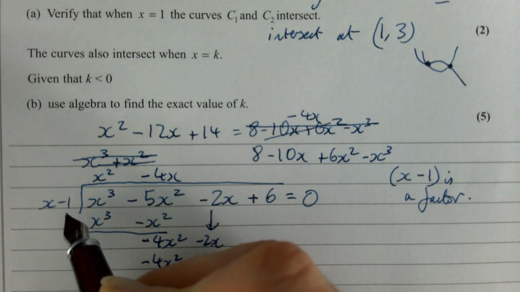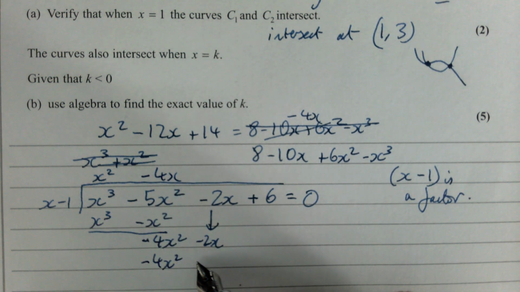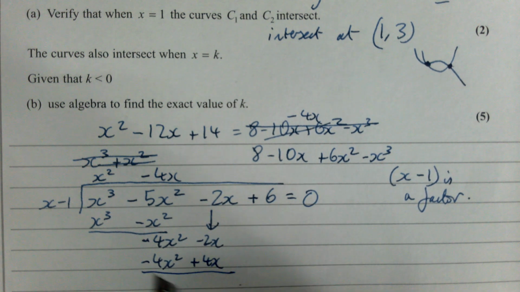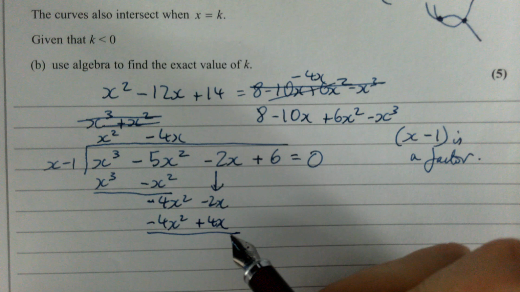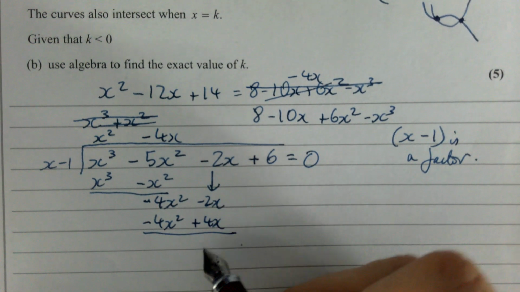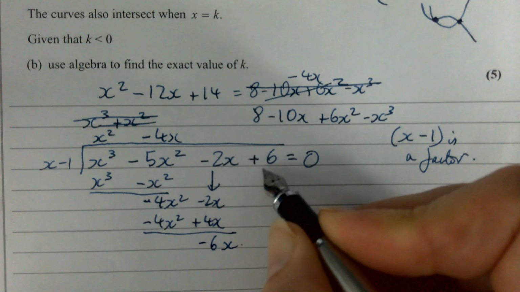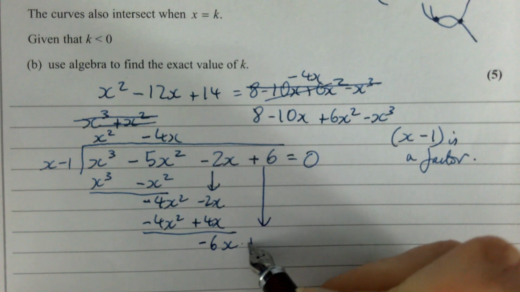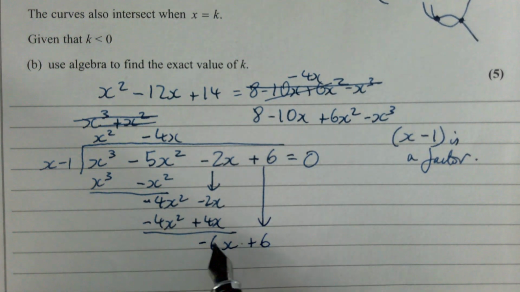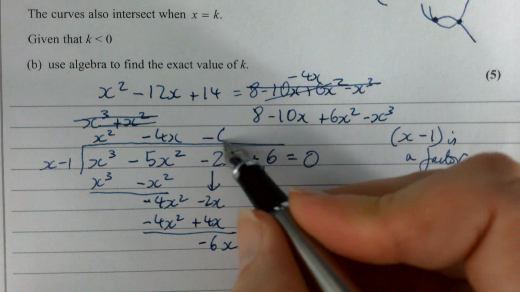Negative 4x times negative 1 is positive 4x. Take this line from that line. 4 from negative 2 is negative 6x. Pull down the plus 6. Divide x into negative 6x gives me negative 6.